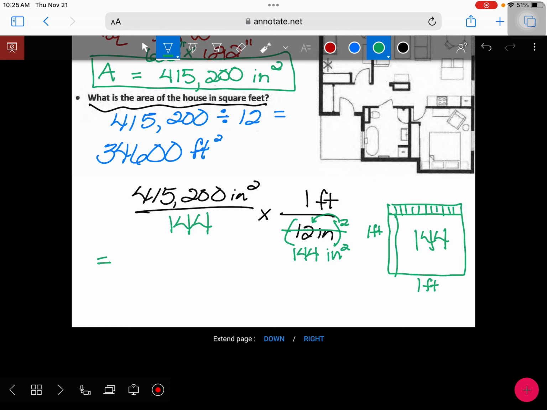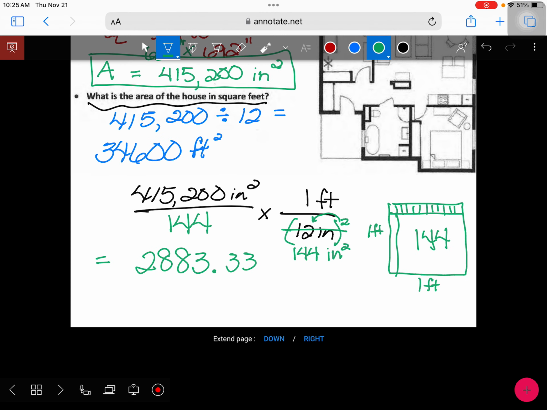It should be smaller. And what is that smaller number? 2883 point, a whole bunch of 3s. 2883.33. If you're in the housing market, they would just drop that. So it is 2,883.